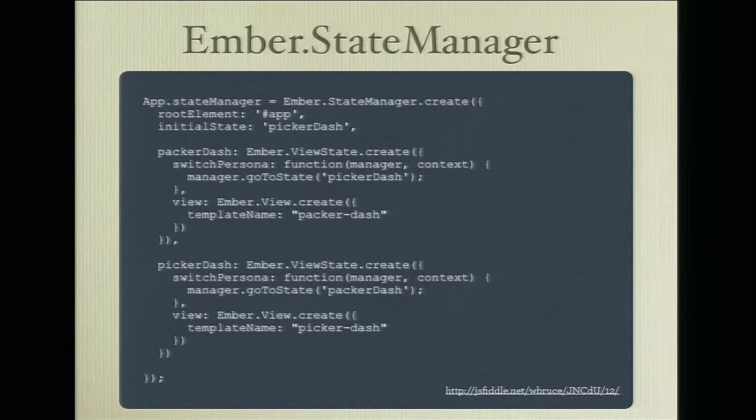And then in each of these cases, I'm also adding an action, which I could have done, by the way, inside the view as well. But there's an action inside of the state, which says, if I switch persona and I'm in this state, then I want you to tell the state manager, the object we're in, to go to state packer dash.